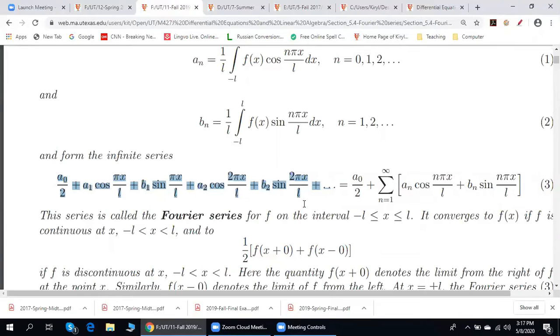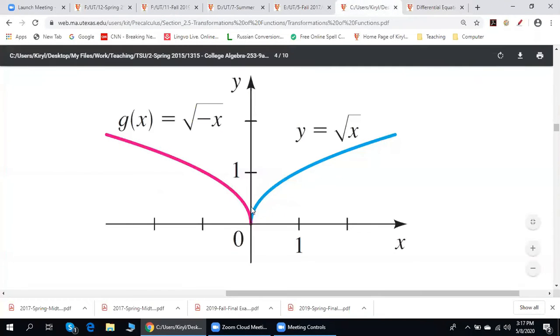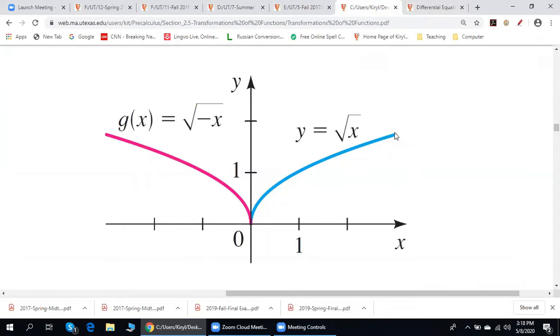Since this series converges to g of x on this interval, in particular, it will converge to the original function f of x on the interval between 0 and L.